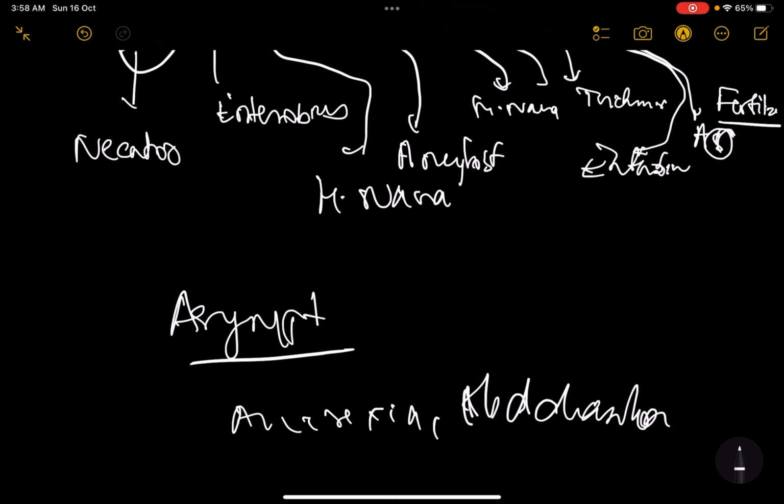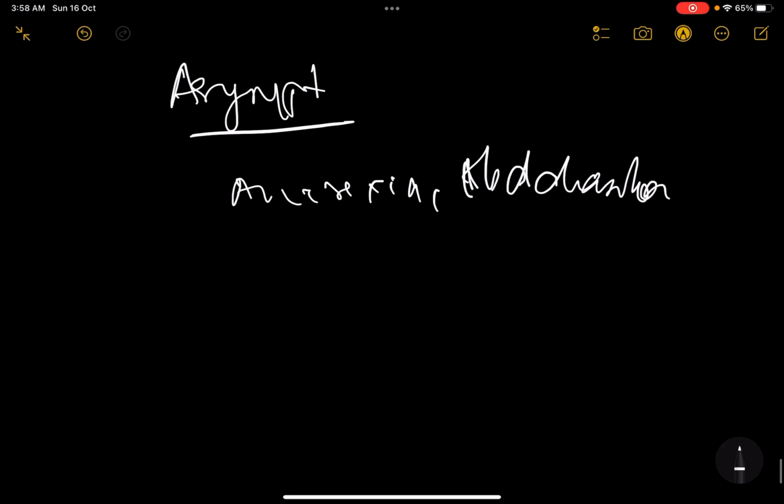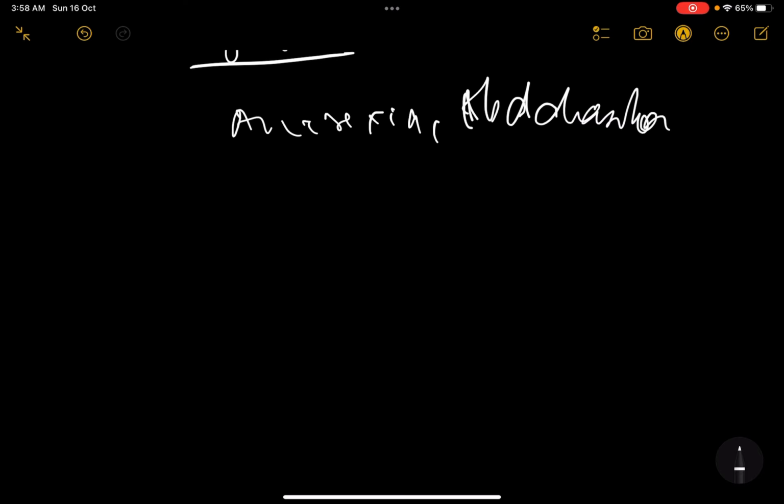And it can have a lot of autoinfection, reinfection, external infection. So I think the only question that can come from here is whether it is bile stained or not for H. nana.